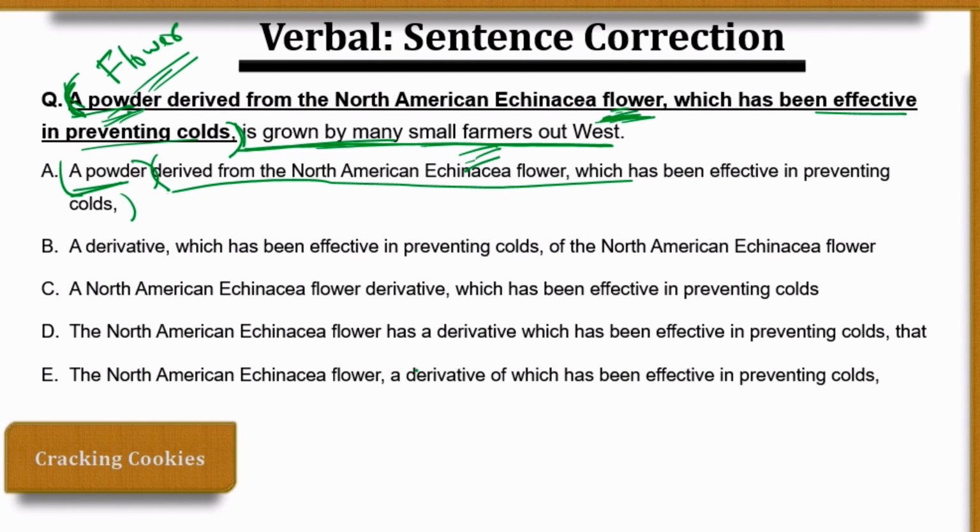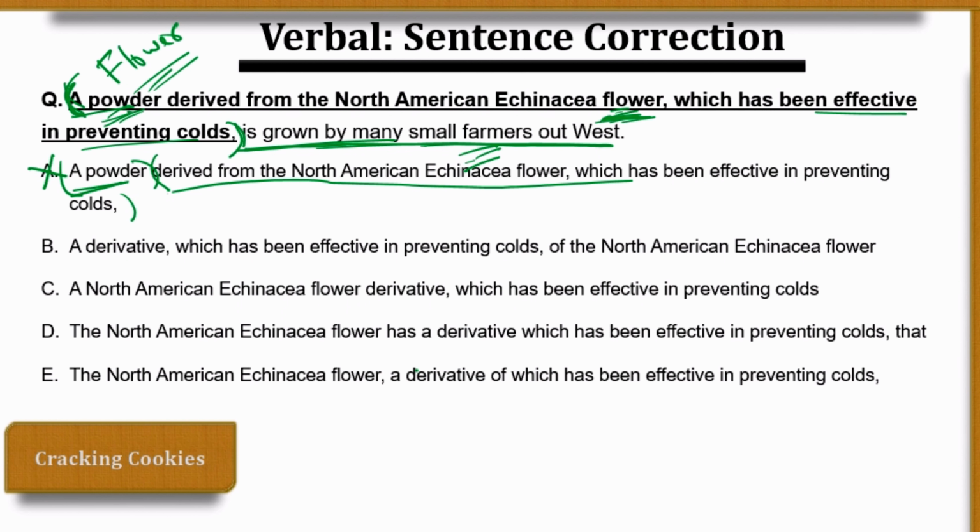So if we see the very gist of the sentence, it is saying that a powder is grown by many small farmers, which is absolutely wrong. A powder is not grown by many small farmers. A flower is grown by many small farmers. So it is going to be a very wrong option.